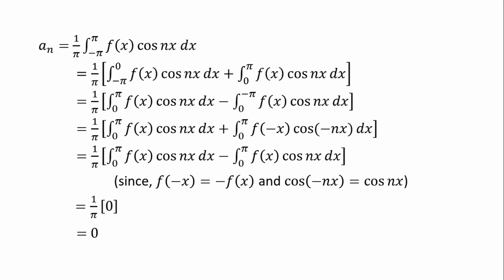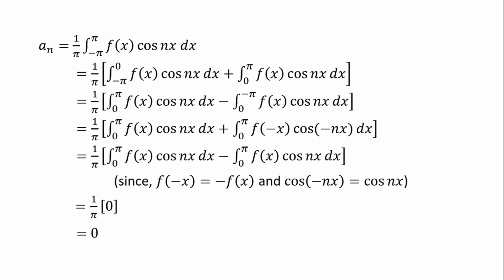But since f of minus x is equal to minus f(x) and cos of minus nx equals cos nx, we have f of minus x cos of minus nx as equal to minus f(x) cos nx.